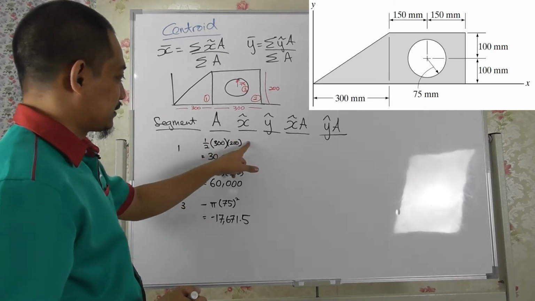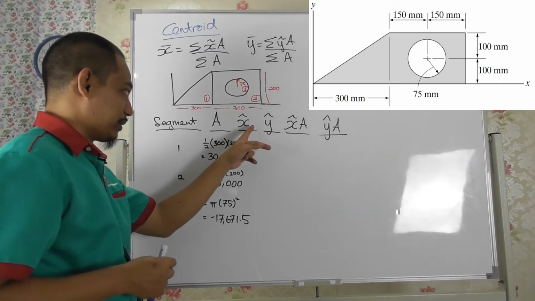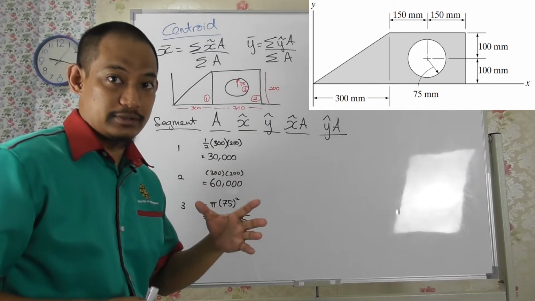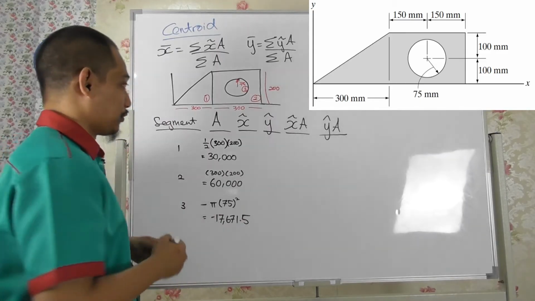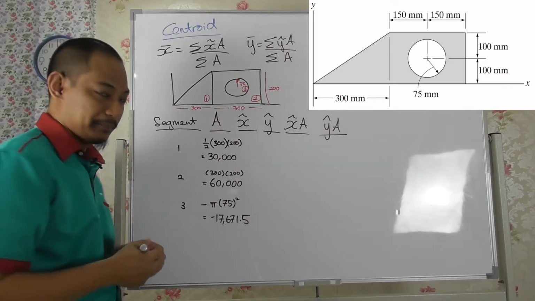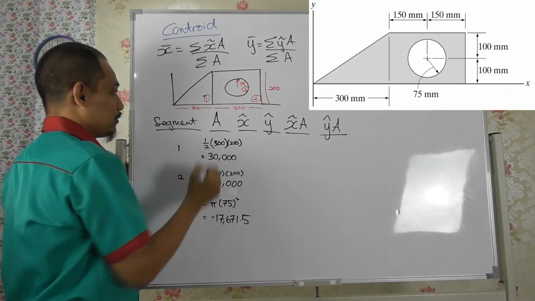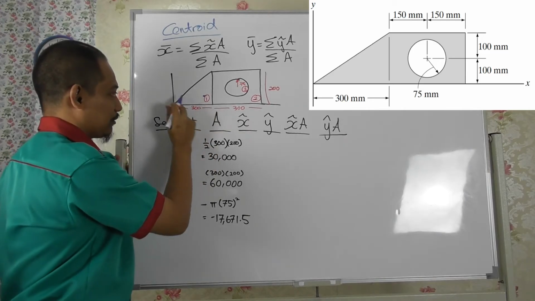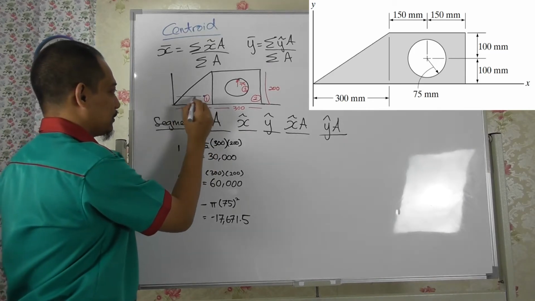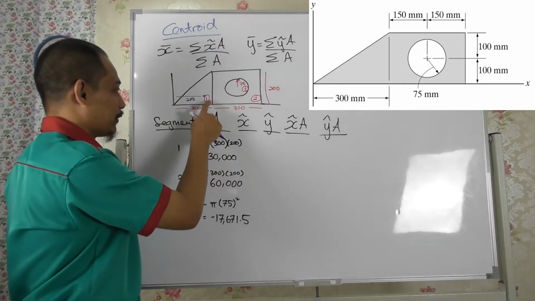Alright, so for x, this is the centroid. A thing to remember: this is the coordinate, it's not a distance, it's a coordinate. The coordinate is based on the axis. So for the triangle, the centroid is somewhere here, and the x is 2/3 of this length, 2/3 of 300, based on the ratio of 1/3, 2/3.